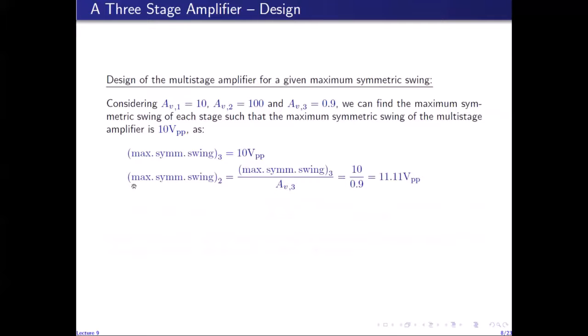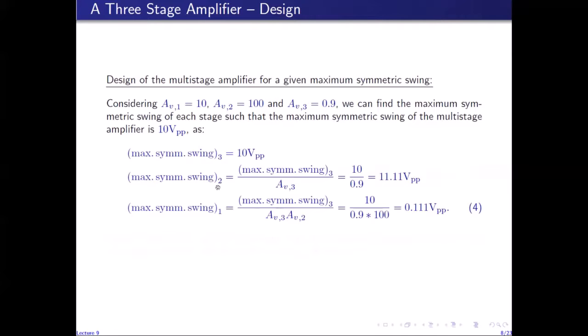So the maximum symmetric swing of the second stage is the maximum symmetric swing of the third stage divided by the gain of the third stage. This gives me 11.11 volts peak to peak. And then the maximum symmetric swing of the first stage is the maximum symmetric swing of the second stage divided by the gain of the second stage.